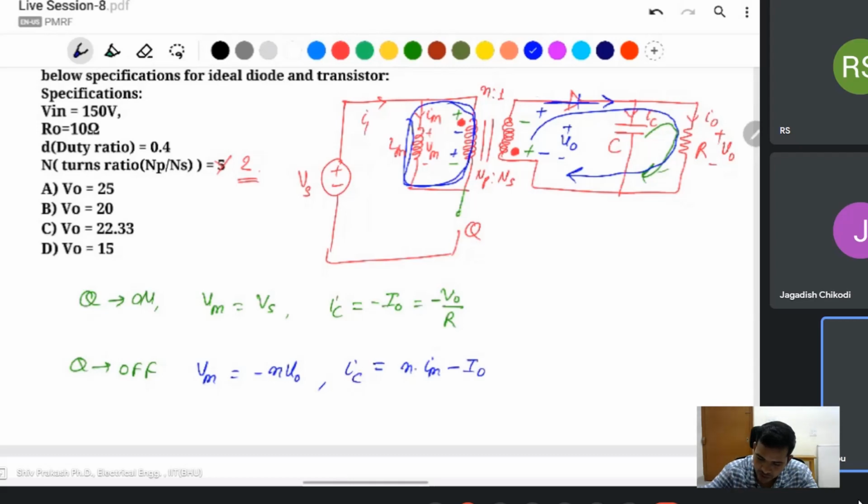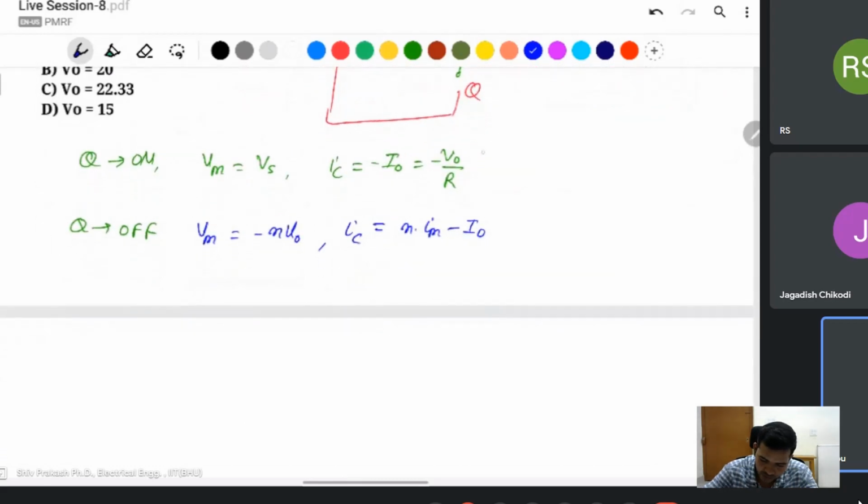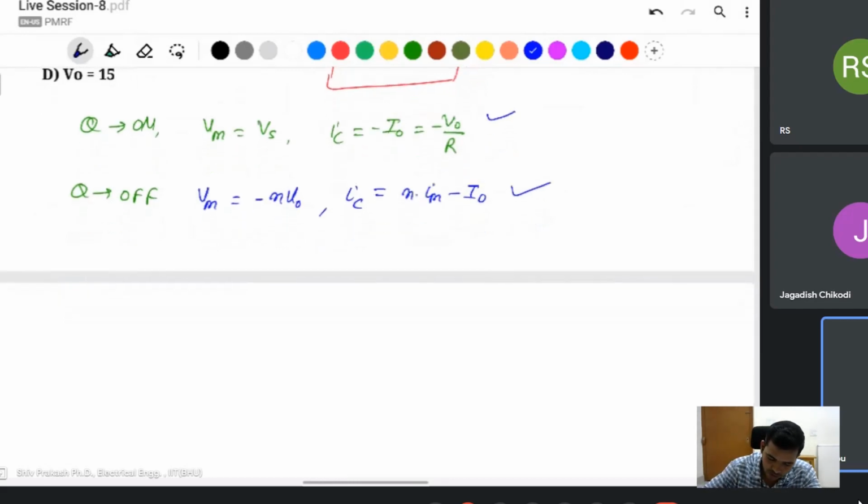Because of this one current, this Im current flows here through the primary winding, transferred to the secondary side like N Im minus I naught. You have two equations, off time voltage equation and on time voltage equation and current equation. Apply both second equation for inductor.